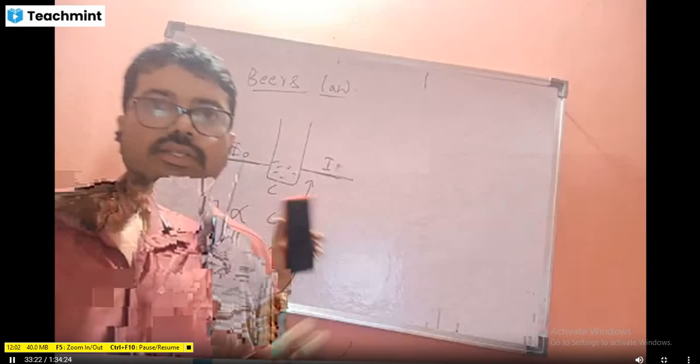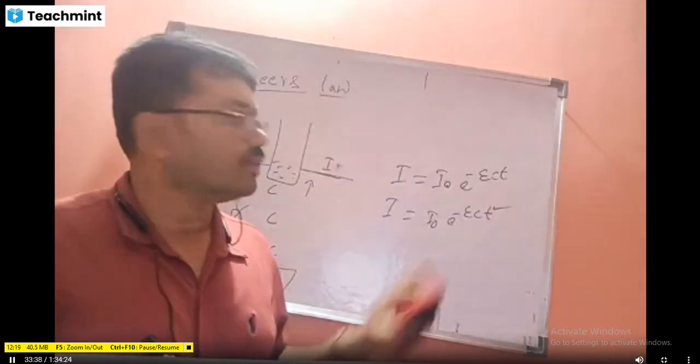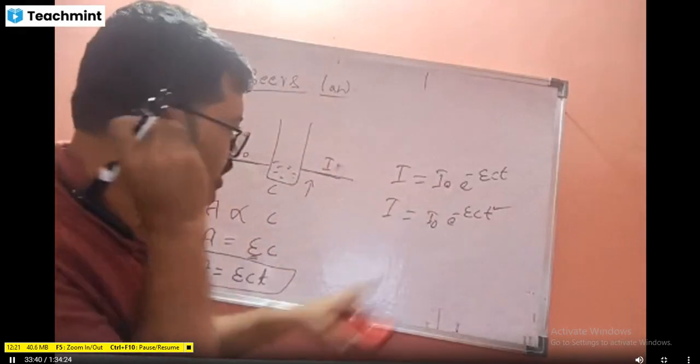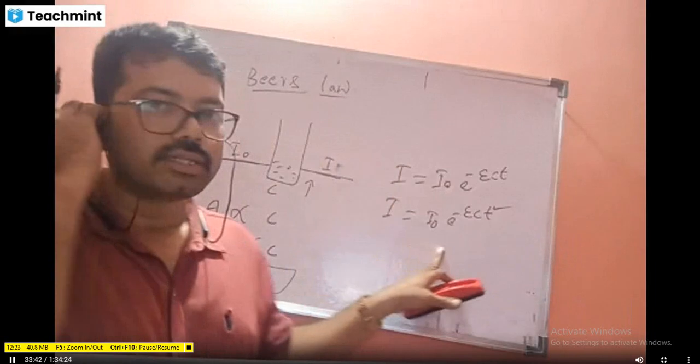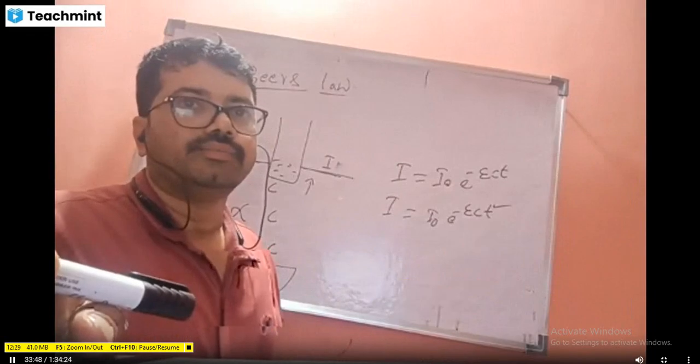So here instead of K I will take epsilon naught. I naught decreases exponentially with constant thickness, that is Lambert's law, and concentration decreases by Beer's law. Now combining this is called Beer-Lambert's law. Okay? What is the total combination? Beer-Lambert's law.